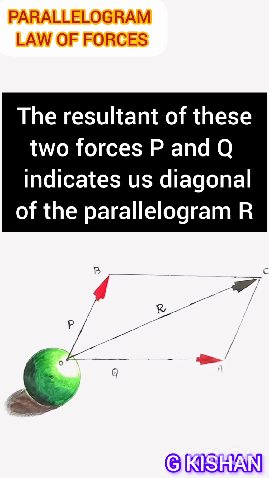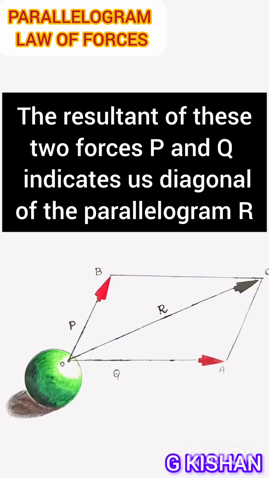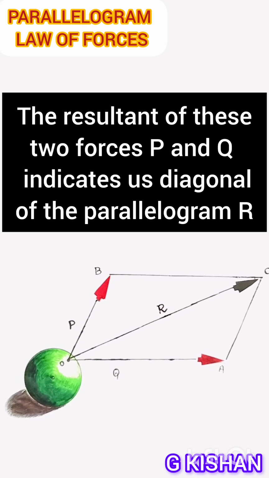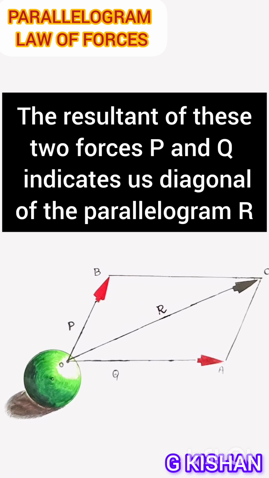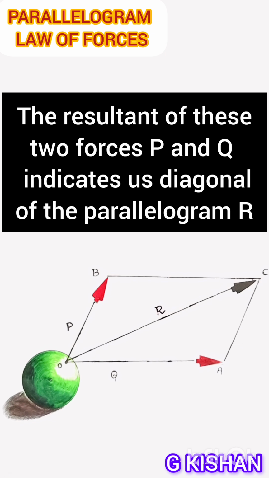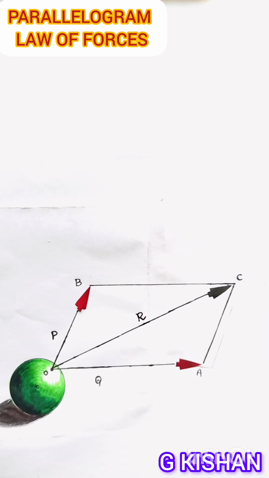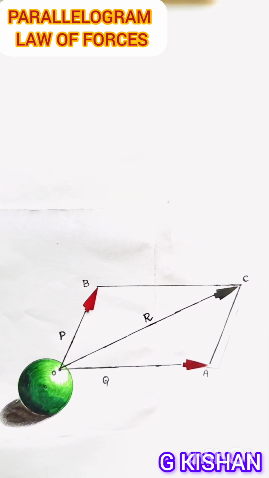The resultant of these two forces P and Q is indicated as the diagonal of the parallelogram, capital R. By following the given geometry of the parallelogram, we can estimate the resultant of these two forces.